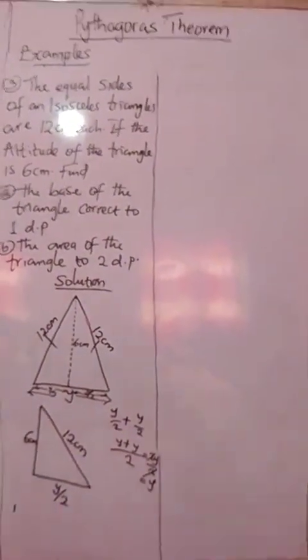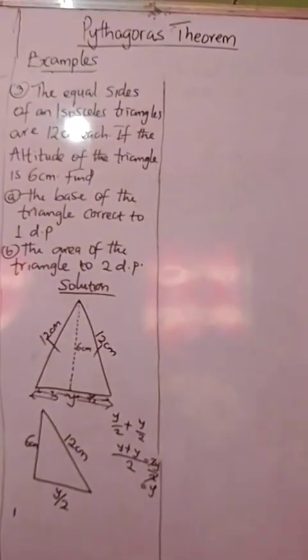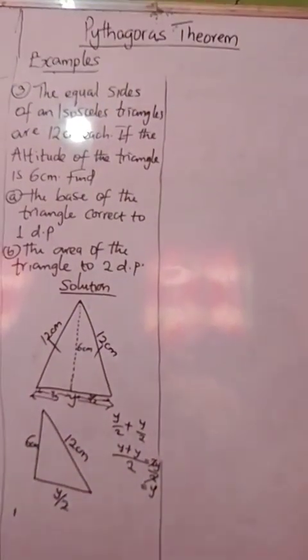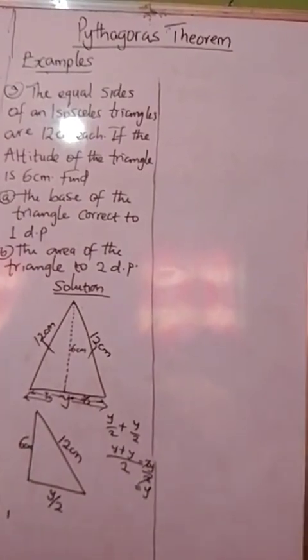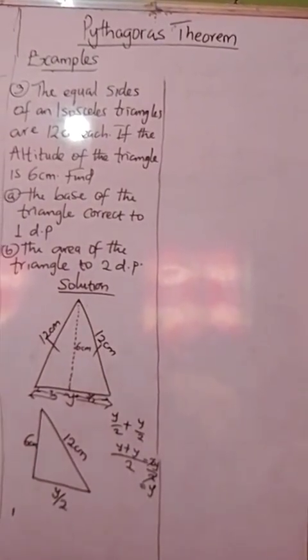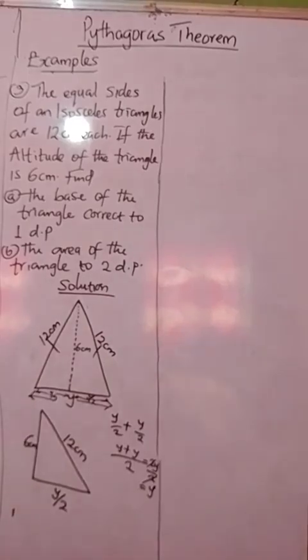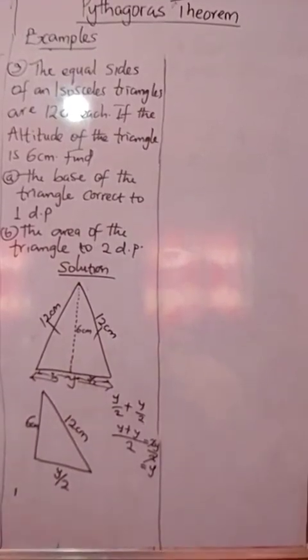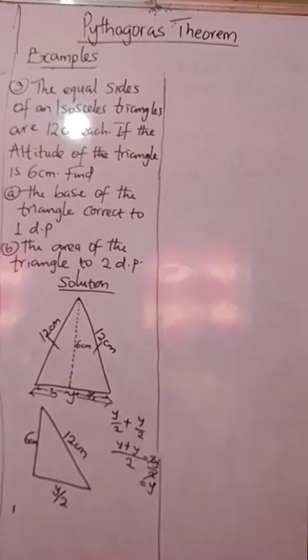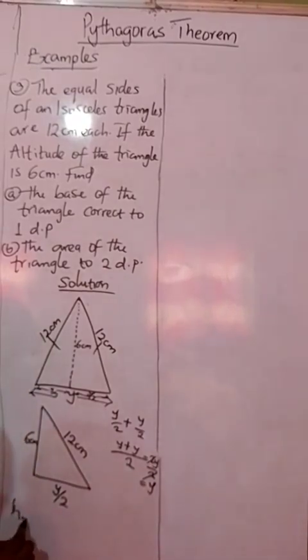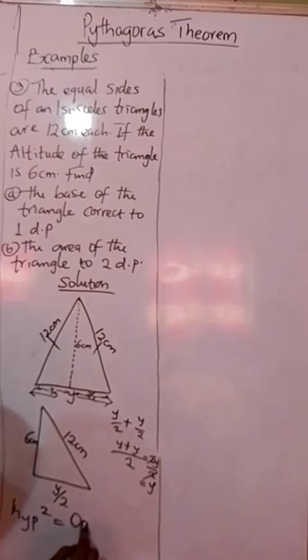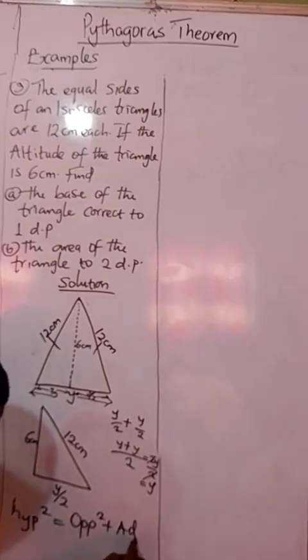So by Pythagoras theorem, hypotenuse square equals opposite square plus adjacent square.